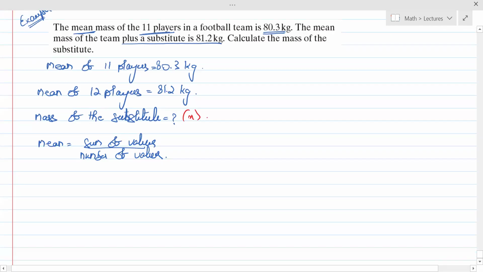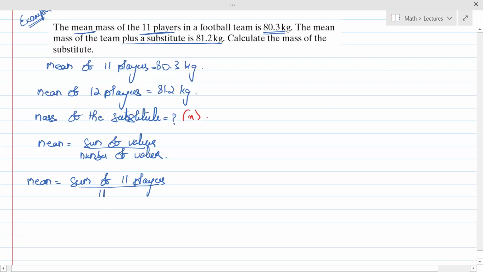So in the very first condition, it's about the mean of 11 players. So the formula would be represented as mean is equal to, numerator has to be the sum, so we can simply write this as sum of 11 players, and the denominator is the number of values, so we write this as 11 only.